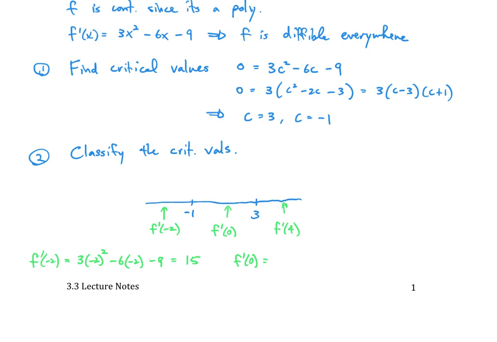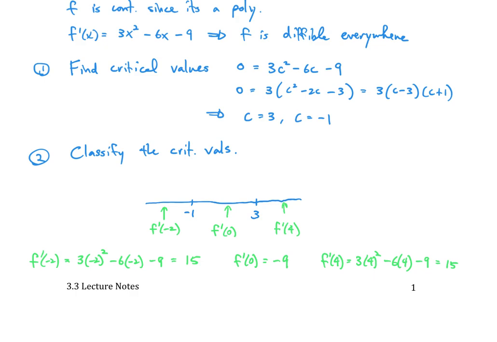So we just get -9 remaining. And then for the last guy, we're going to have f prime of 4. F prime of 4 is going to be equal to 3 times 4 squared minus 6 times 4 minus 9. When you evaluate that, we're going to get 15 yet again.